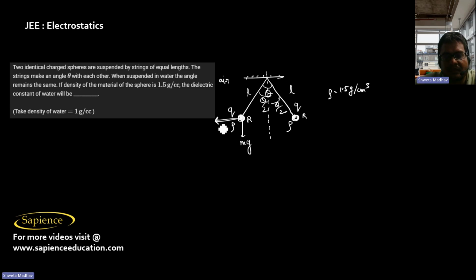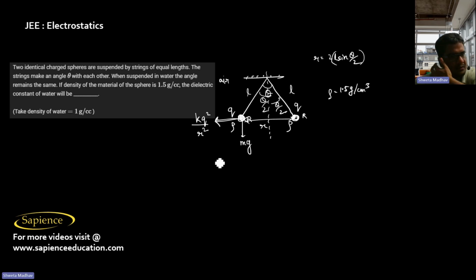This will be the electric force, which is kq1 q2 by r square, that is kq square by r square. Here r is actually twice of L sin theta by 2, that is 2L sin theta by 2.